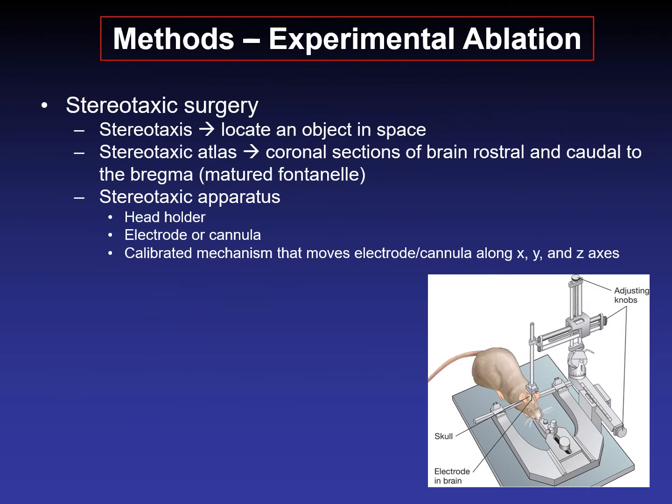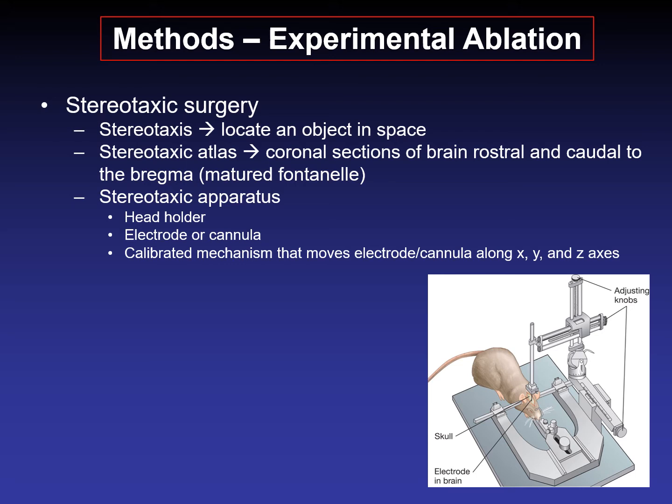So there's a little bit about how lesions are created, but how do you find the brain region that you want to create a lesion in to begin with? Well, this is going to happen through stereotaxic surgery. Okay, so the animal is, of course, sedated under anesthesia, and their head is placed in a stereotaxic device. So stereotaxis just means location of an object in space.